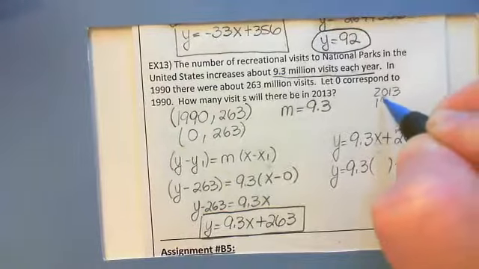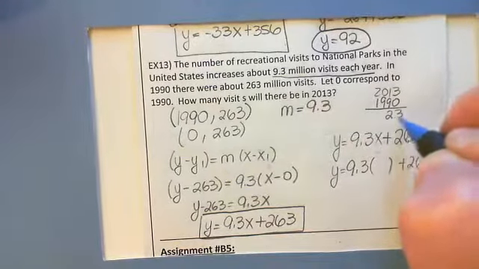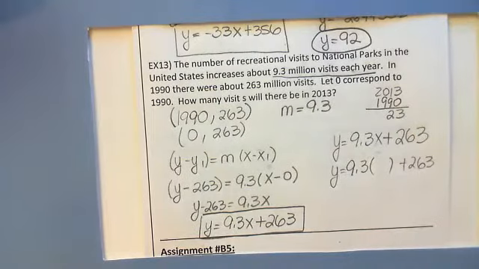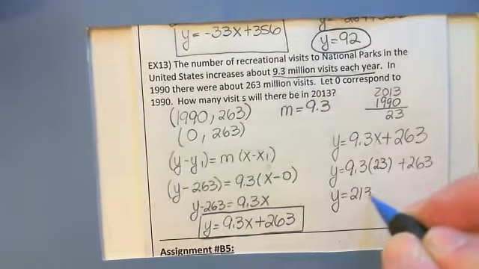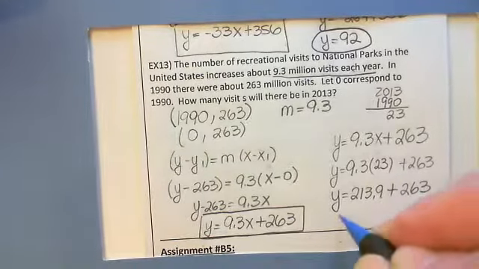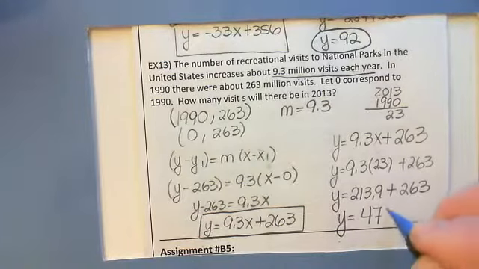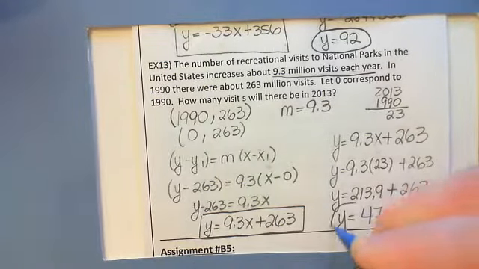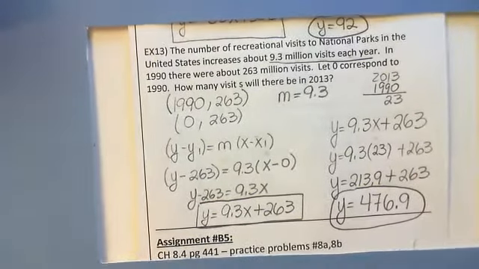Well, basically just subtract. 2013 minus 1990 is 23 years. So we're going to plug that in here, and y equals 213.9 plus the 263. The number of visitors then would be 476.9. Alright, so that would be our answer.